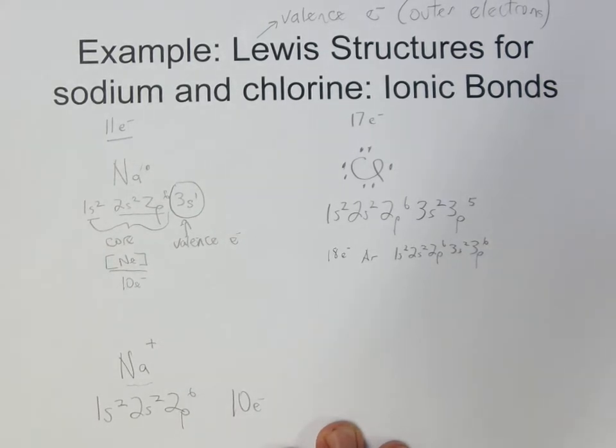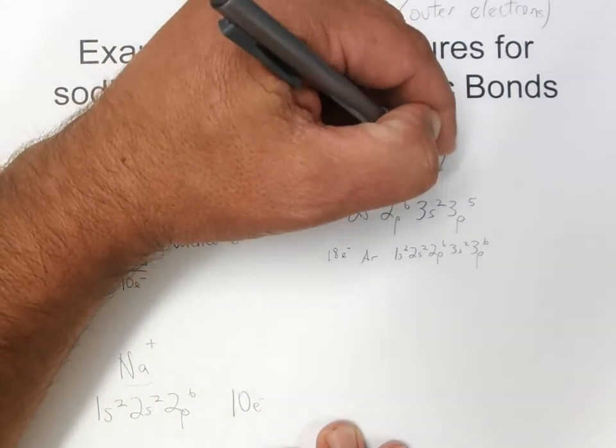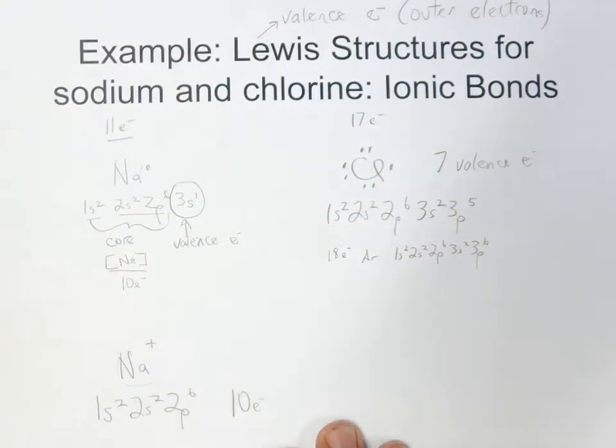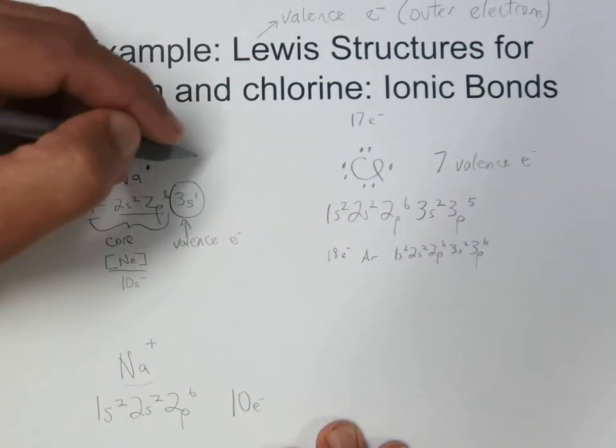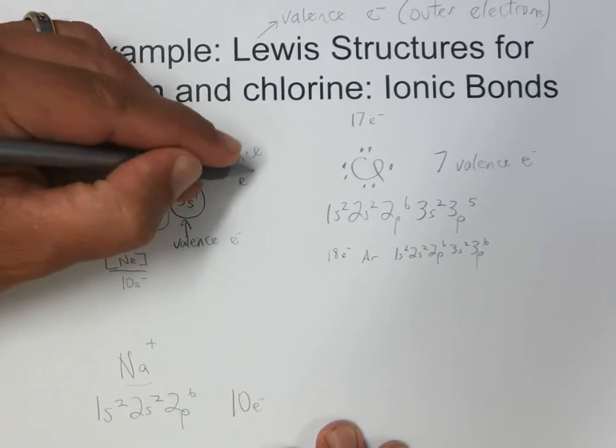So all chlorine would have to do to have the same number of electrons as a noble gas is to gain one electron. So this chlorine has 7 valence electrons, like sodium had 1 valence electron.